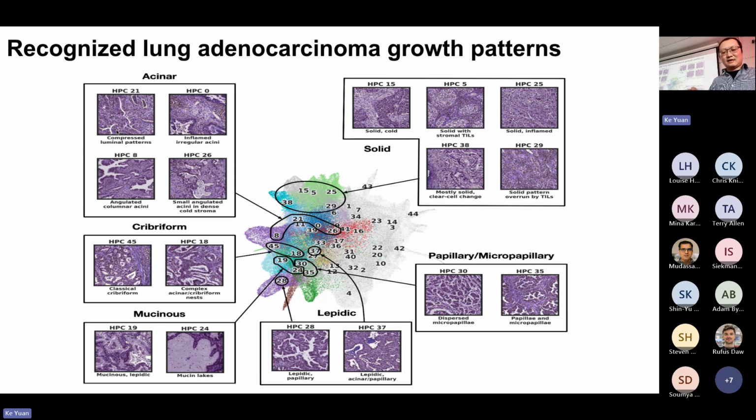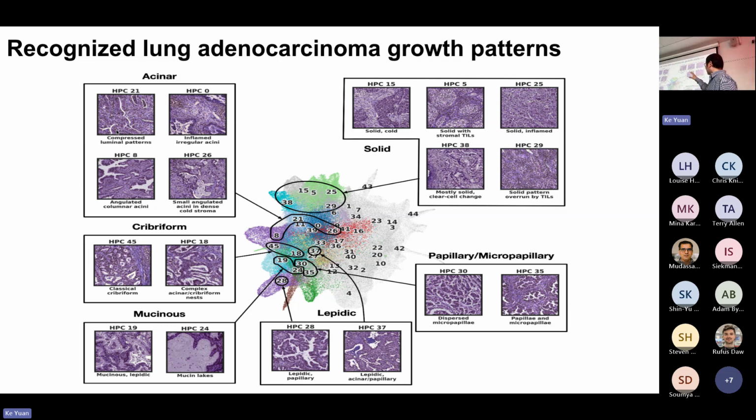In some interesting ones, we find further granularity. For example, the solid pattern, which is traditionally recognized to be a quite aggressive pattern. It's not good news for patients to have that kind of appearance in their slides.